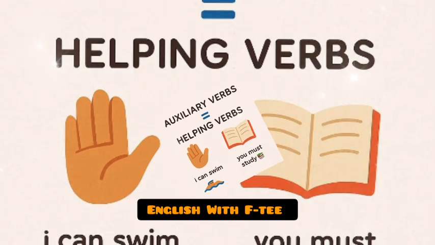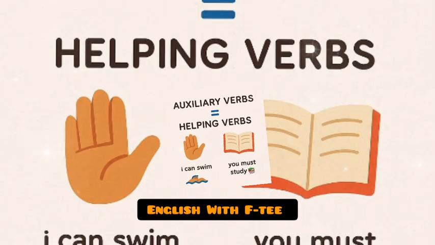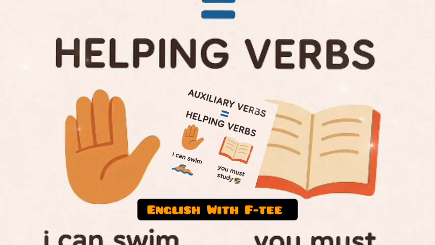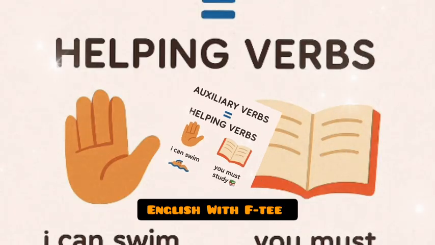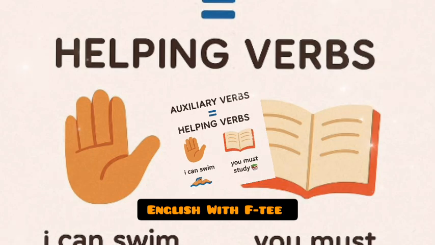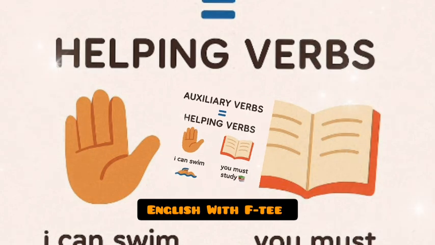Auxiliary verbs, also known as helping verbs, are like a friend that helps the main verb in a sentence. They work together with the main verb to show different meanings such as time, possibility, or necessity.